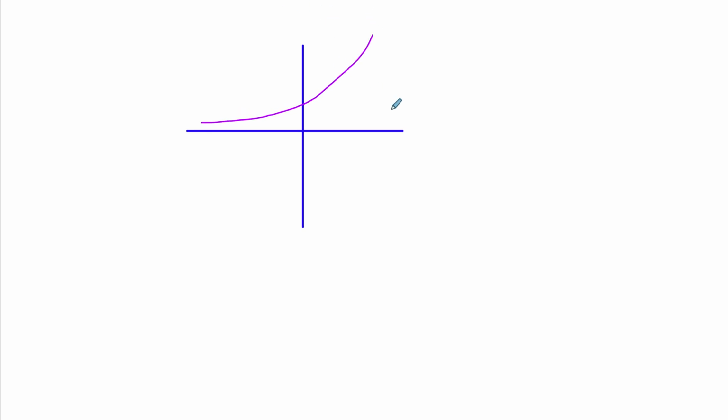There's an exponential function. What happens if we try and draw the gradient graph? Well, there's no stationary points. Here, the gradient is positive. Here it's positive and a bit bigger.